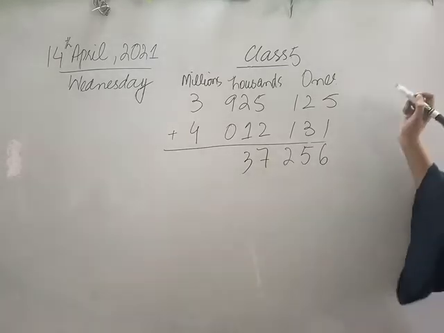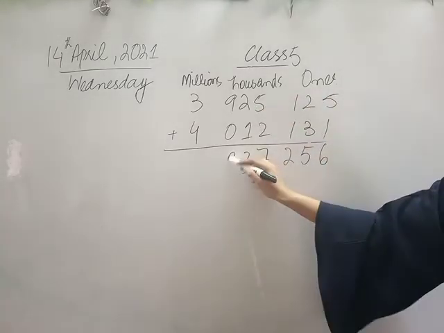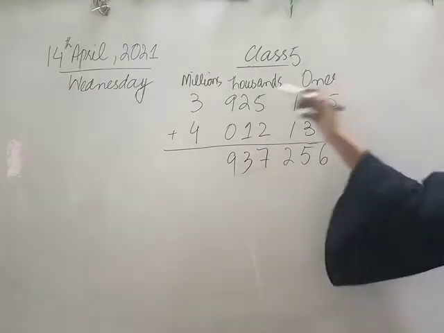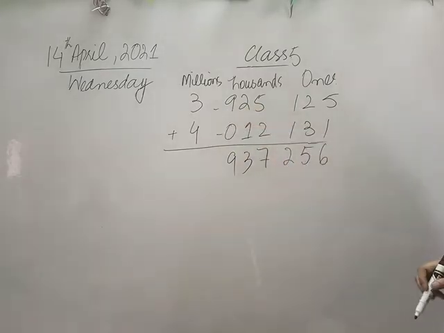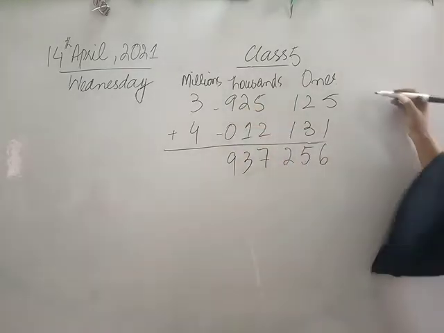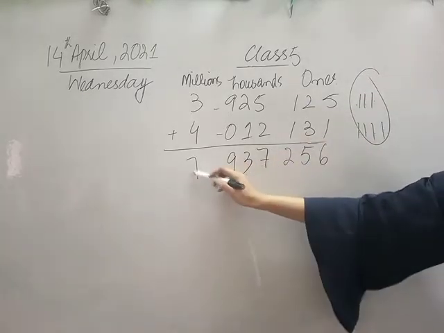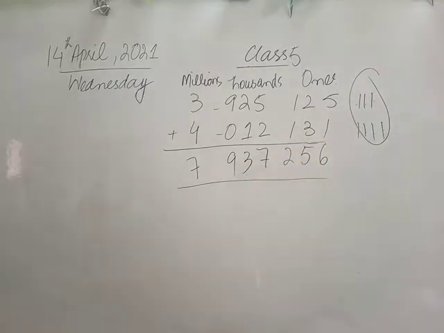Now the next number, 9 plus 0, which is 9 in total. Now there is a space again which indicates the next unit, which is millions. So 3 plus 4. 3 indicates upper and 4 indicates lower. So in total 7. This is how we can solve addition of numbers which go up to millions.